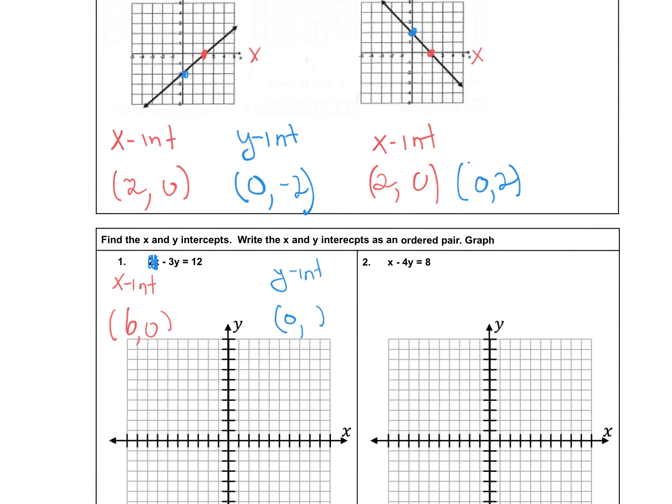When we divide both sides by -3, 12 divided by -3 gives us a -4, and that's our intercept for the y-axis. So here's 1, 2, 3, 4, -4. And that is our y-intercept. And then here, (6, 0), 1, 2, 3, 4, 5, 6.